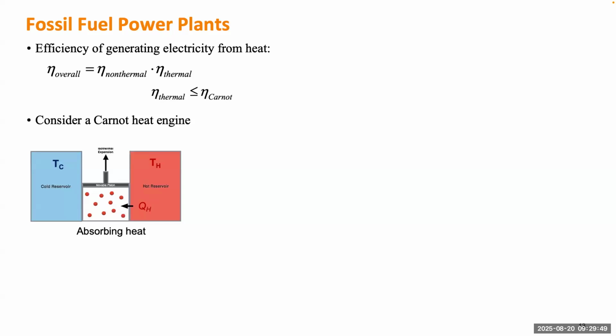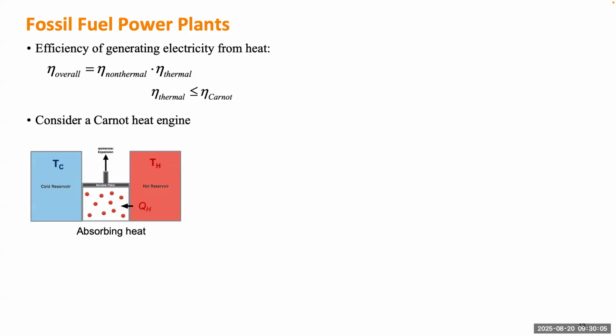Let's assume we have two tanks. We call the blue one the cold reservoir, and the red one the hot reservoir. Each tank has infinite size, so it can maintain the same temperature all the time.